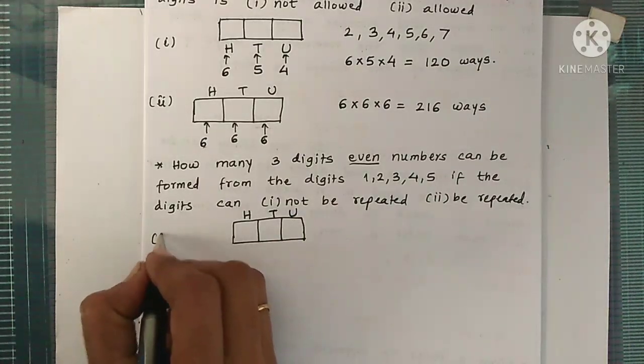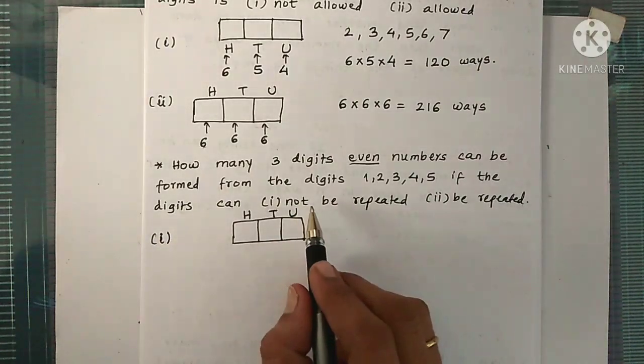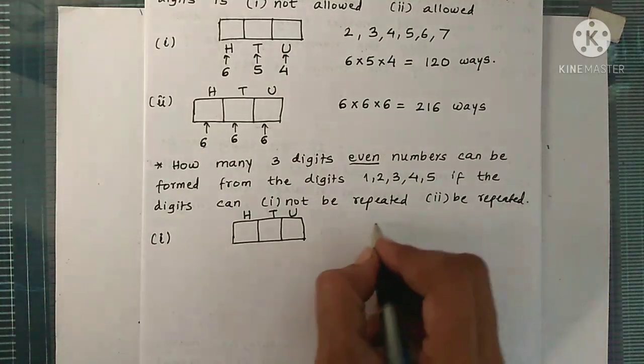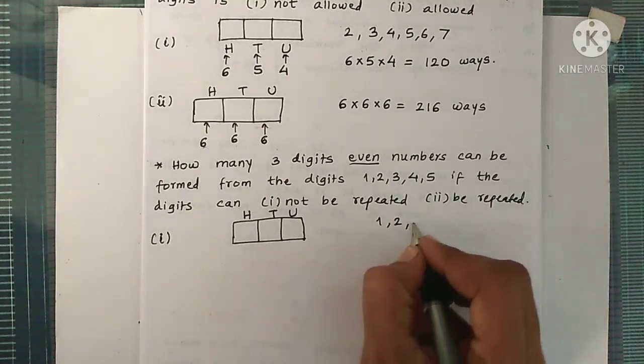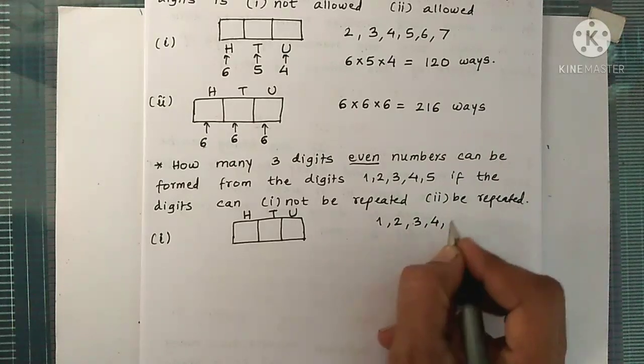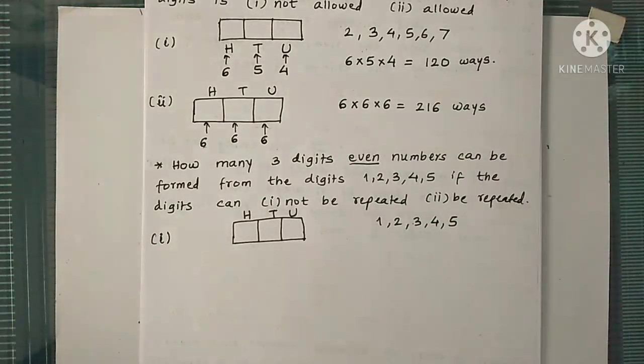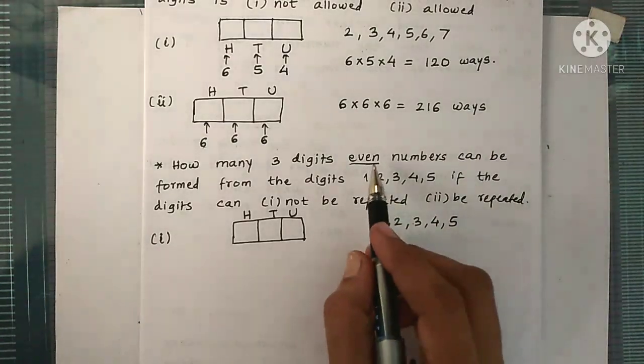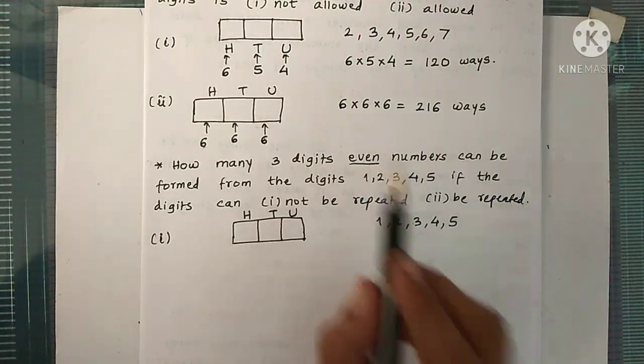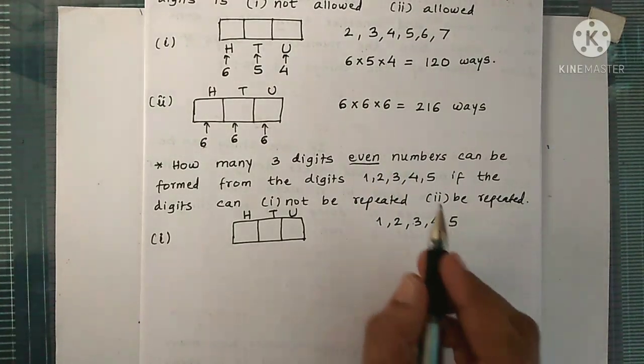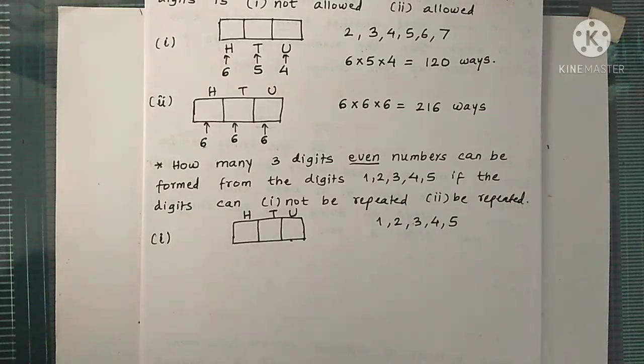So let's consider the first case. The digits are not repeated at all and the given digits are 1, 2, 3, 4, 5. Let's see the condition. The condition here is the number should be even number. Even number means what? Units place contains even number or even digit.